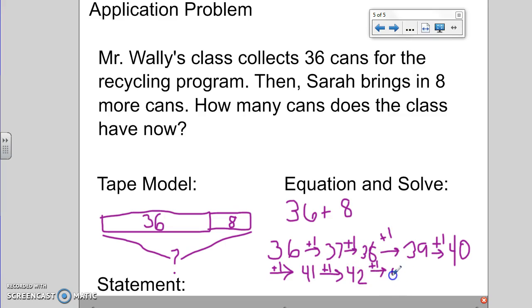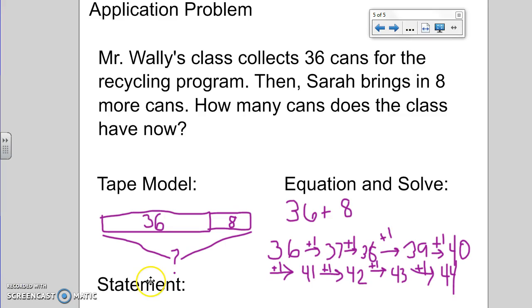It's 43. I've added 1, 2, 3, 4, 5, 6, 7 ones. I have to add 8. So now I have to add 1 more to 43. 1 more than 43 is 44. So when I solved it with a number bond, I got 44, and when I solved it with the arrow way, I got 44.